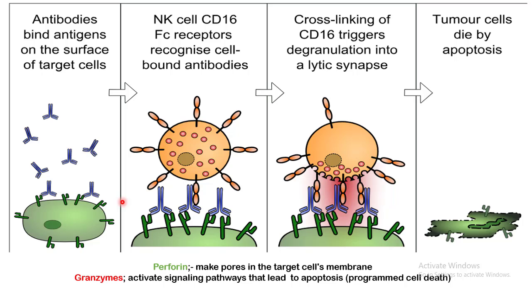When we talk about the pathogens, if we consider this as a pathogen, then the perforin, after making the pore in the target cell membrane, causes the pathogen to lose important components from their cell, which can actually lead to their death. When you talk about the human cells, for example, you are going to kill them by the granzyme, which activates the apoptosis, thereby leading to the removal of the cancer cells from the body.